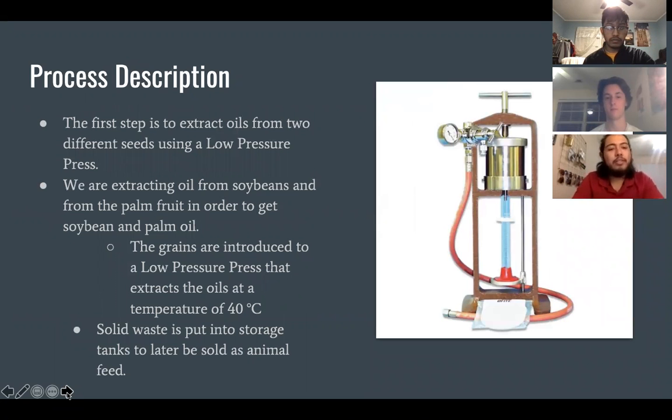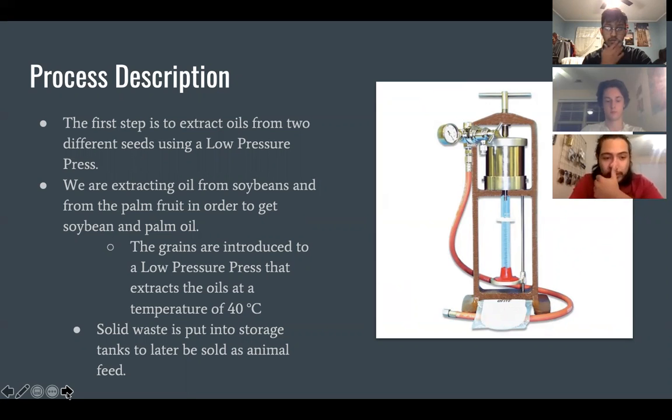So the first step in this long process is to extract the oils from the seeds. The process starts with the low pressure press, which extracts the oil from the seeds we're using, which are soybeans and palm seeds.